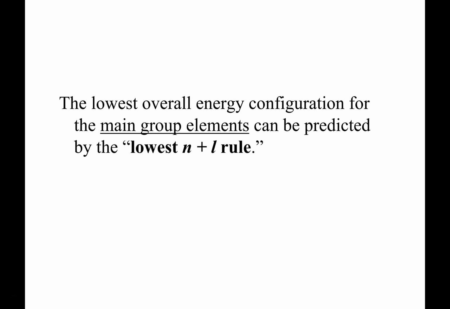Here we have 3 plus 1, I'm liking 4. Here we have 3 plus 2, 5. Here we have 4 plus 0, 4. Okay. And here we have 4 plus 1, 5. And here we have 4 plus 2, 6. And then here we have 4 plus 3 for 7.